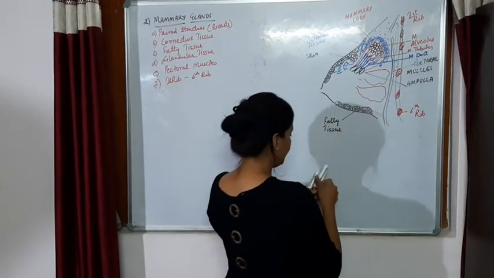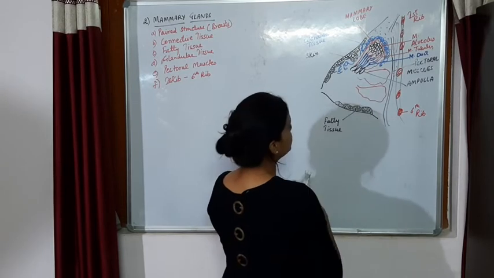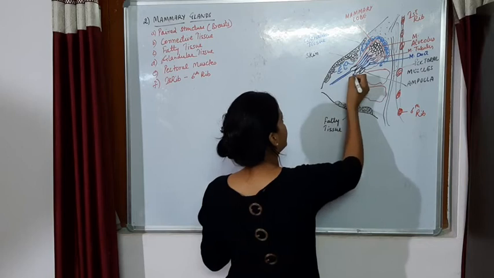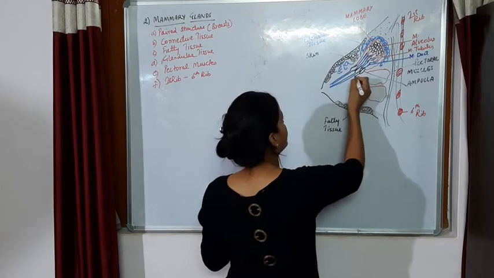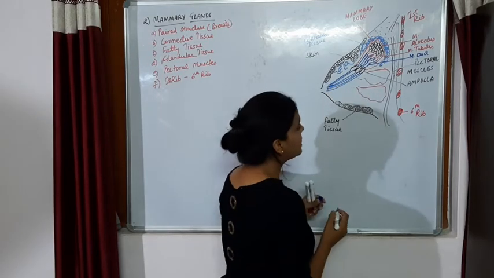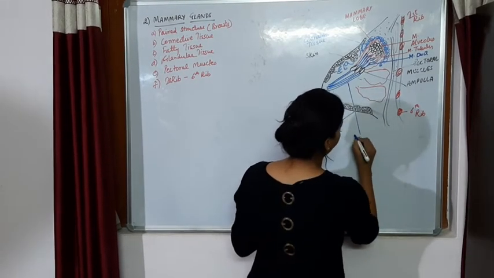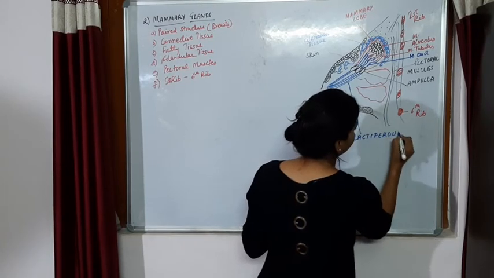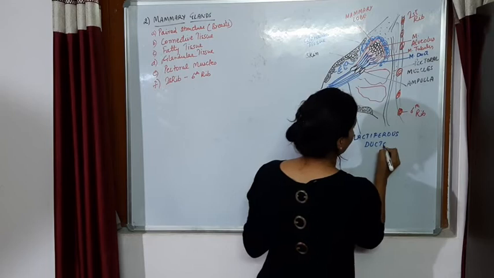Now this ampulla will again show a lactiferous duct. So this ampulla is again going to open into another duct-like structure which is called the lactiferous ducts, right?